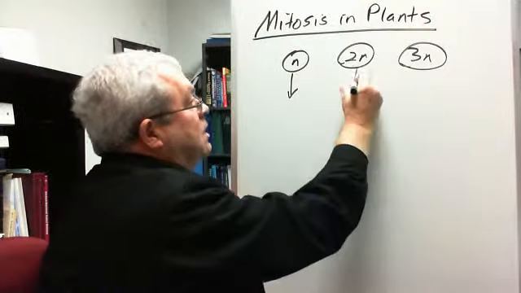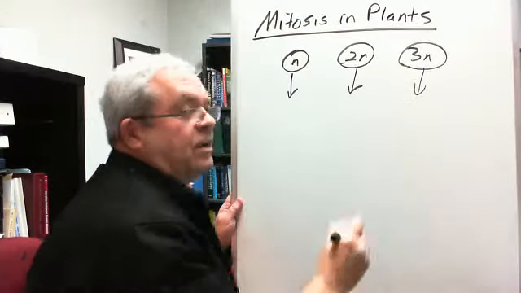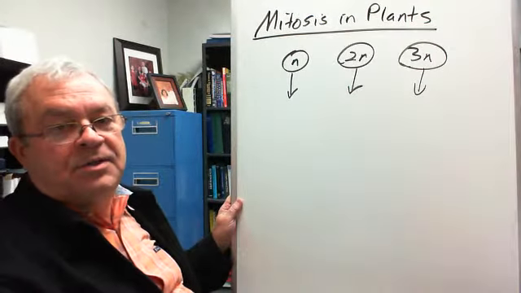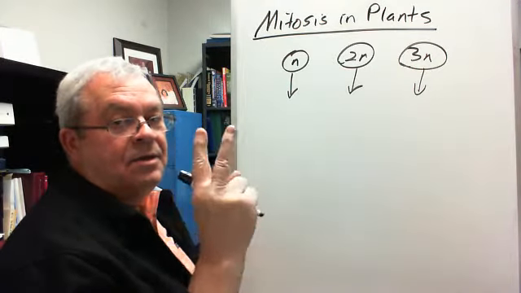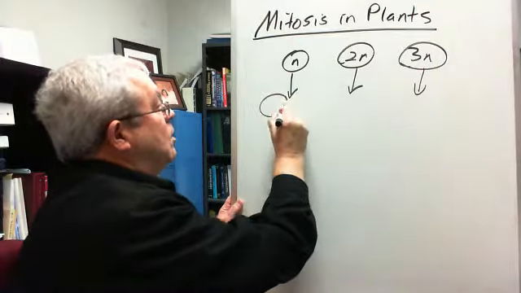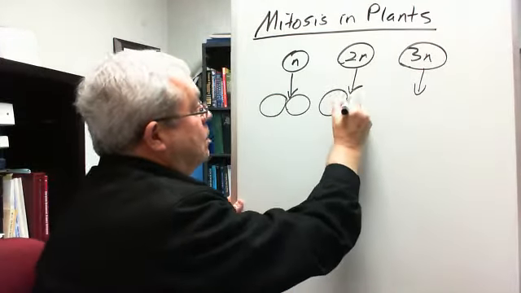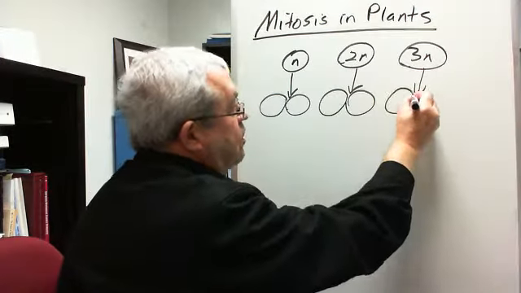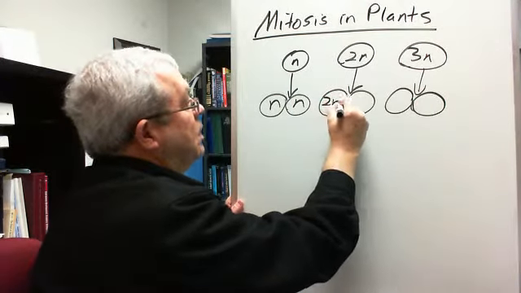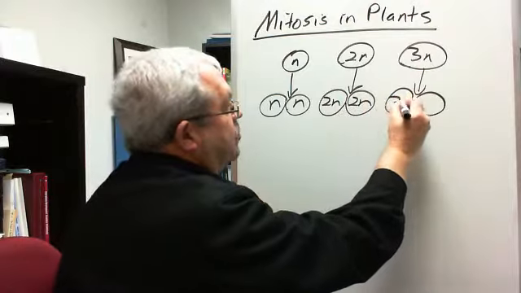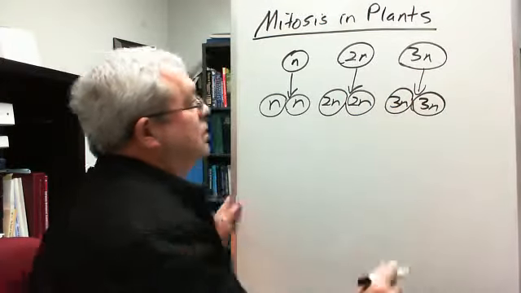Assuming there's cytokinesis, how many daughter cells in mitosis? Yeah, a whopping 2, right? So 2 daughter cells, 2 daughter cells, 2 daughter cells, in haploid, diploid, and triploid mitosis.